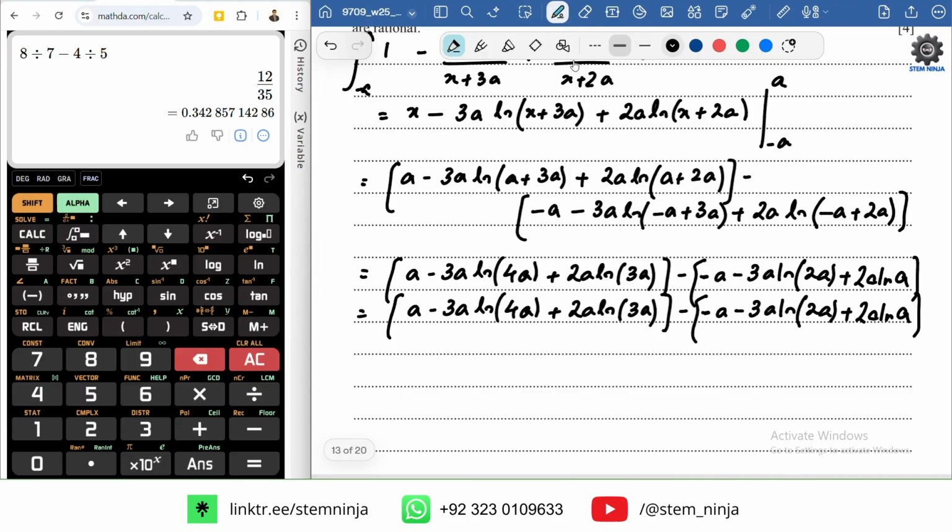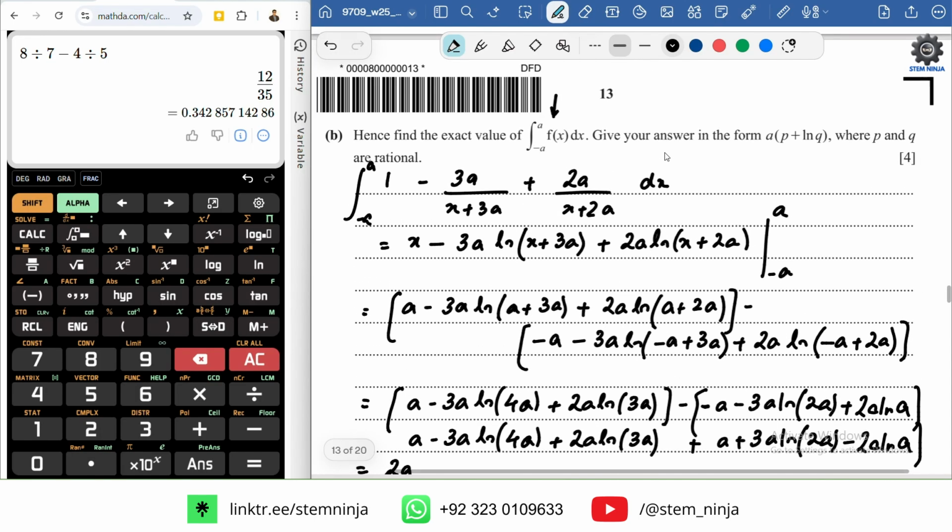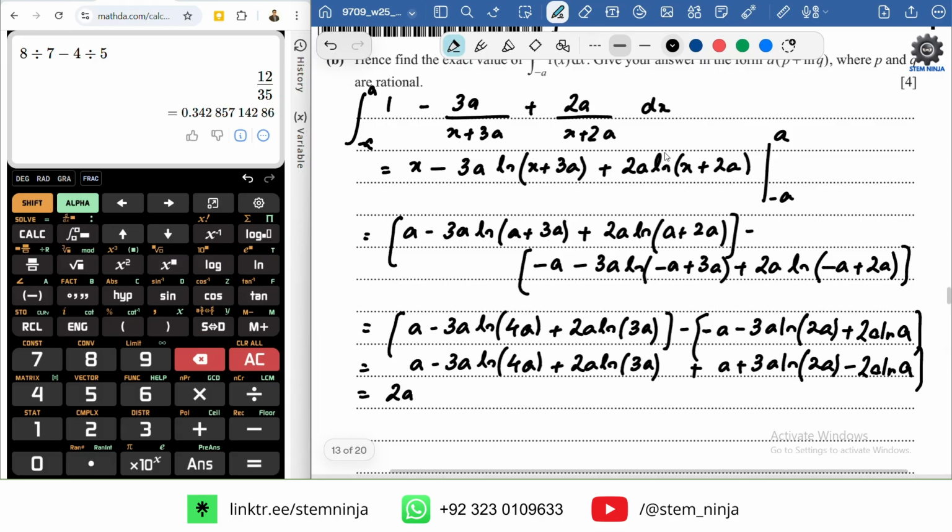Okay, and right, this one would become positive, this one won't become negative, right? So now we can remove the brackets. Okay, so a plus a is 2a, and then you have 4a times p plus ln q, a times by p plus ln q.